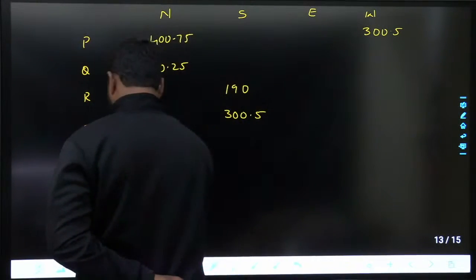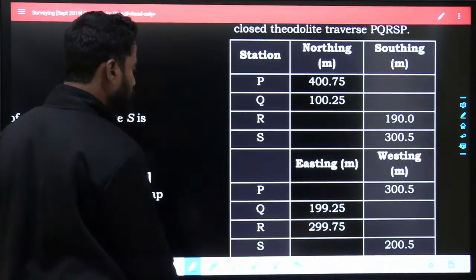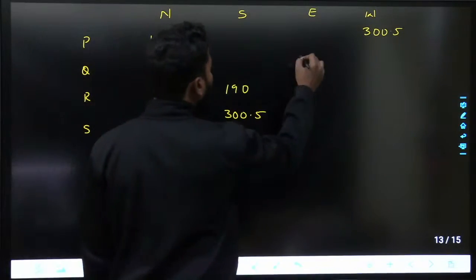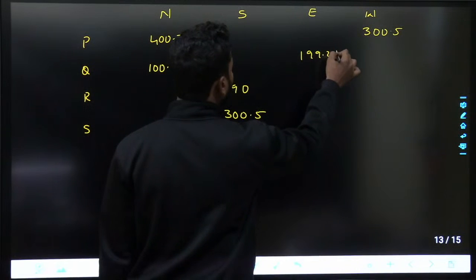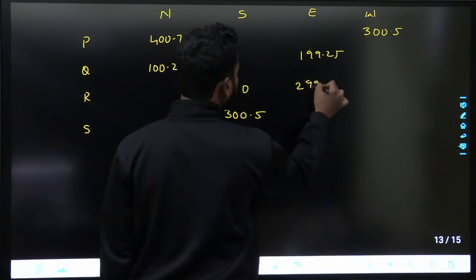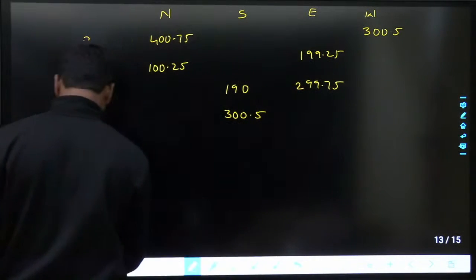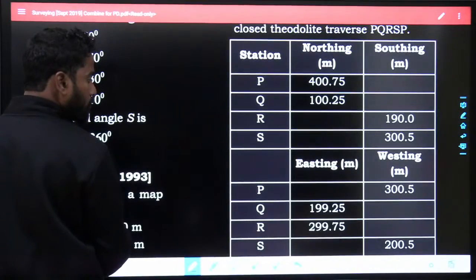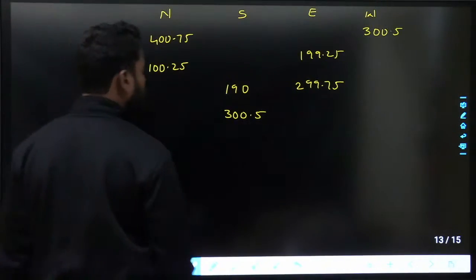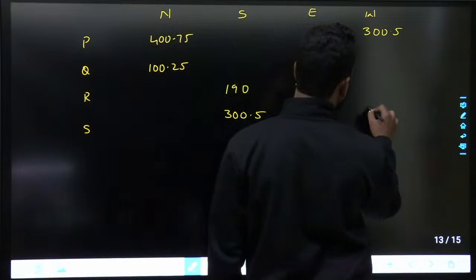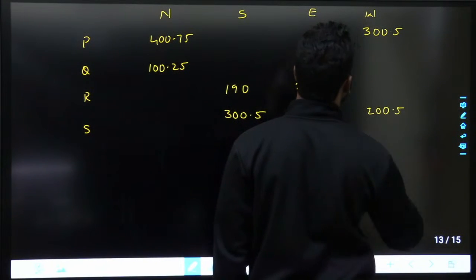Easting, and then 199.25, 299.75, 200.5.